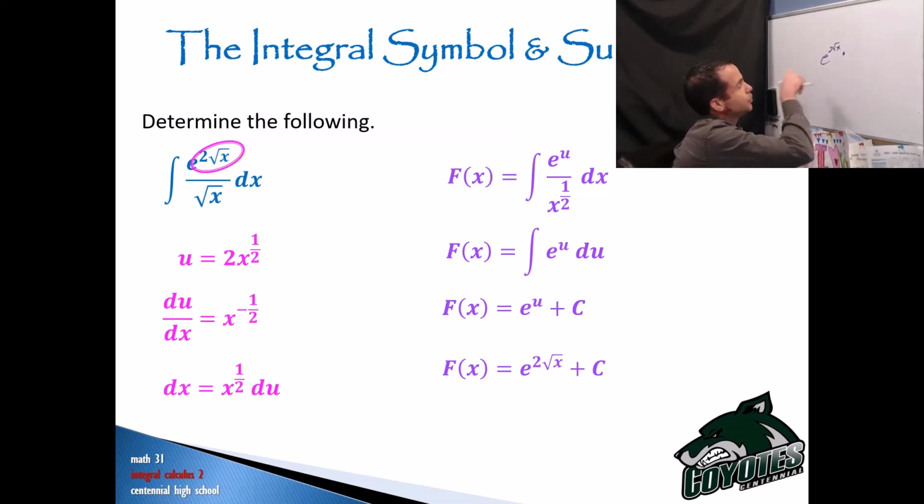Well, the inside function is 2x to the 1/2, and that would be x to the negative 1/2, right? And so that would give me e to the 2 root x all over the root of x, which is exactly what the question started with, okay? So whenever you're in doubt, check yourself out.